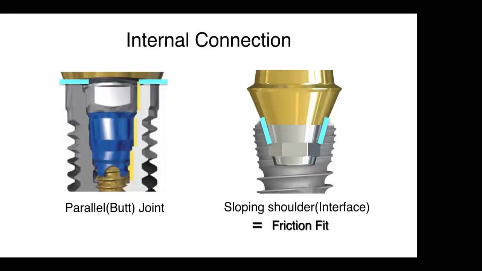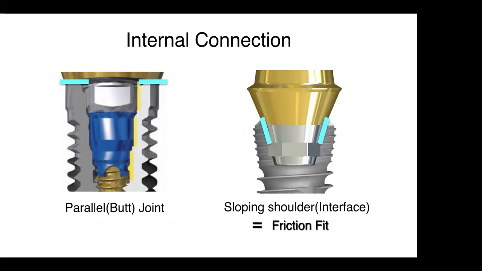But with internal connection, there are two different types. One is called parallel joint, or butt joint, and the other is called sloping shoulder. Again, we can classify them as friction type and non-friction type.